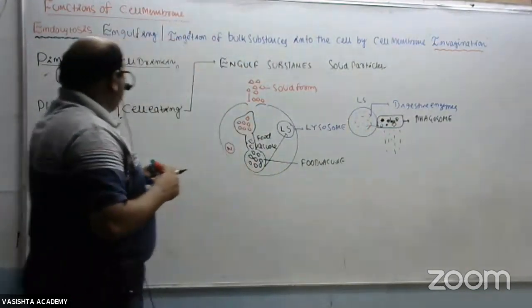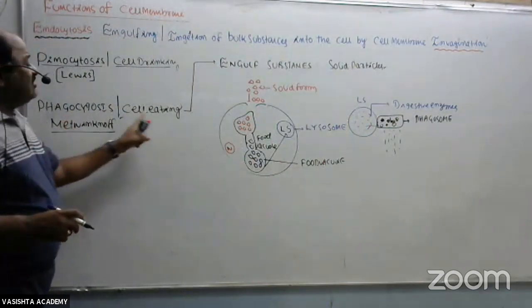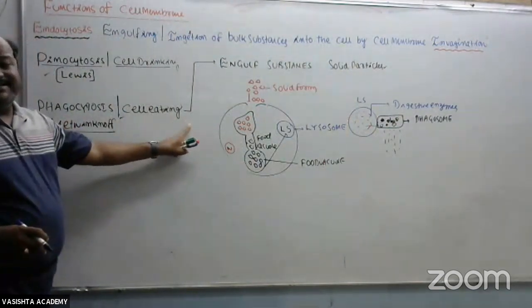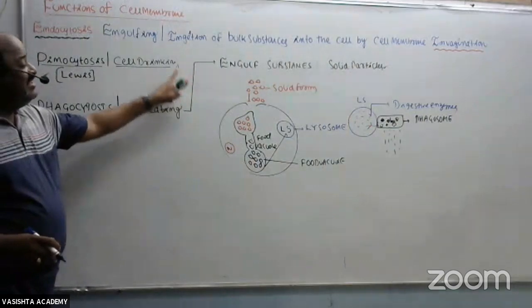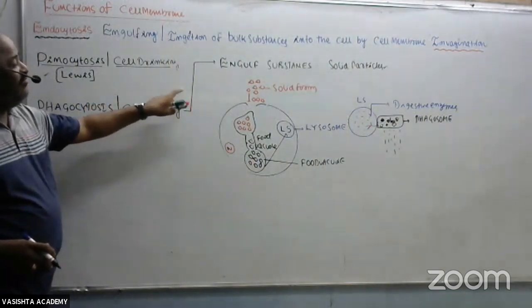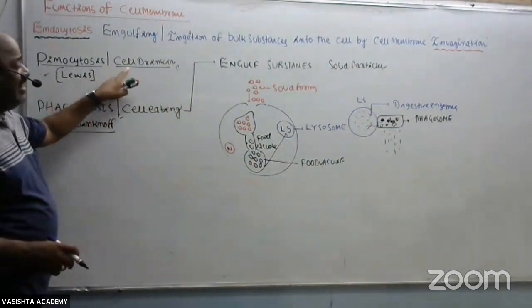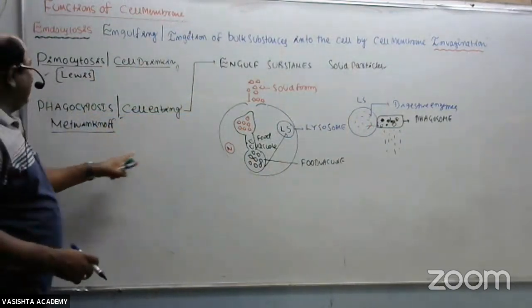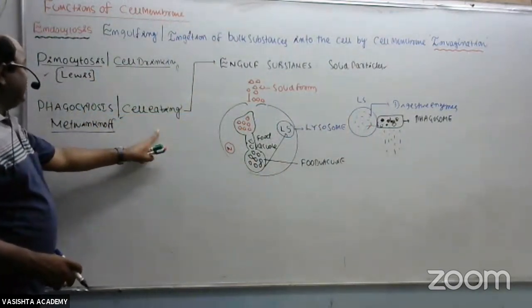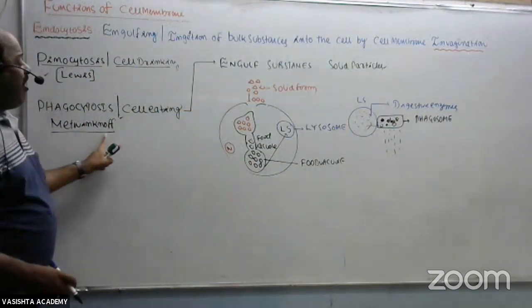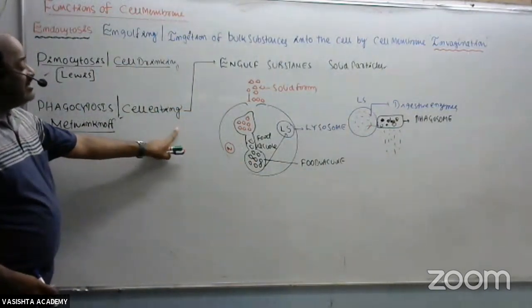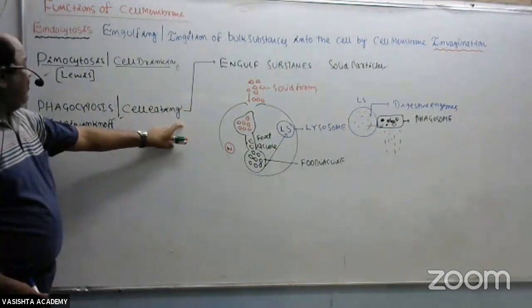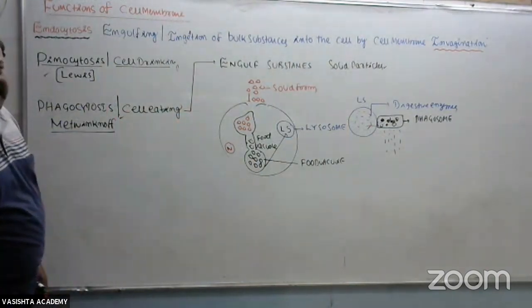This process is called phagocytosis, or cell eating. Ingestion of food in the form of fluid is called cell drinking. Ingestion of food in the form of solid is called phagocytosis. Metchnikoff explained this process of phagocytosis.